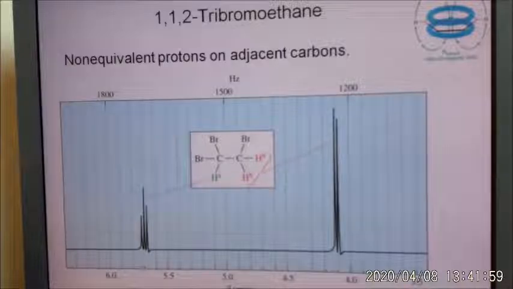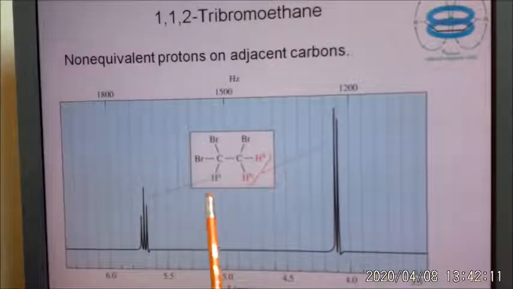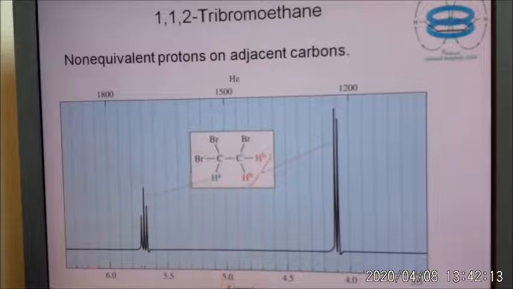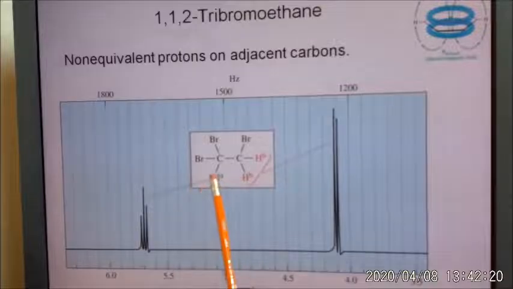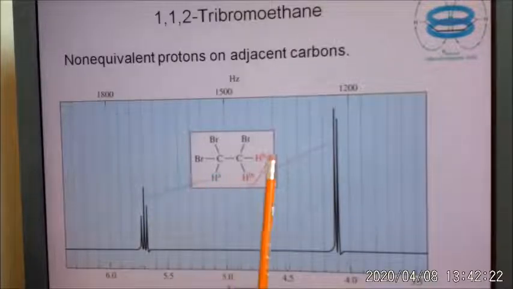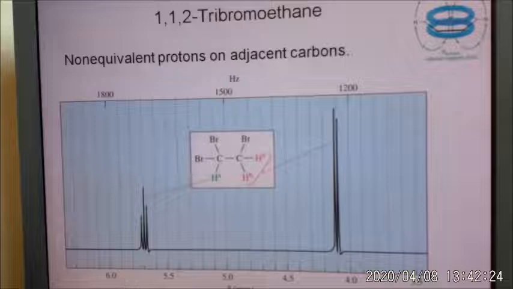So when we look at something that's non-equivalent, if they're equivalent protons, then it's going to be the same signal. But if they're non-equivalent, they can affect each other. So let's take a look at this one: 1,1,2-tribromoethane. These protons are equivalent. That proton is just one, but these two, A and B, are different.